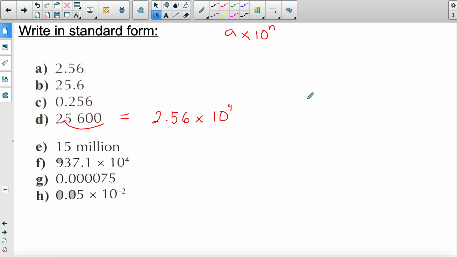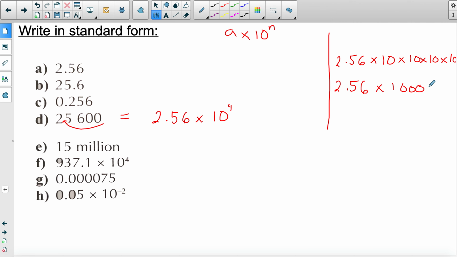So these are exactly equal. If you had to evaluate this, let's do it on the side: 2.56 times 10 to the power of 4. If you're expanding it, I'm taking the longer route, which is times 10,000, and times 10,000 means you're going to move this number 4 place values.